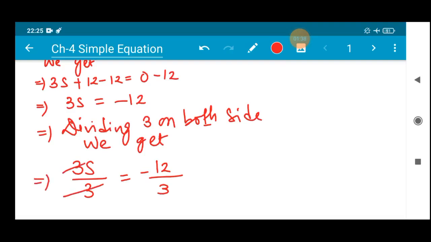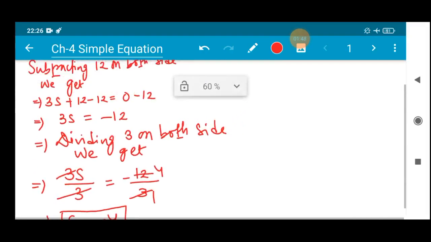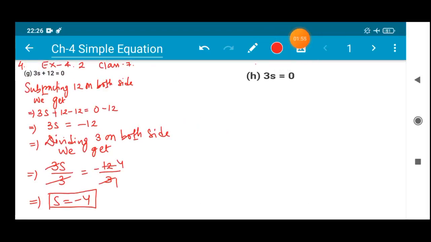So now this 3 and 3 get cancelled. 3 1s are 3, 3 4s are 12. So the value of s will be minus 4. Yes, now the variable is alone and we got the value of the variable, which is minus 4. Yes, very easy.